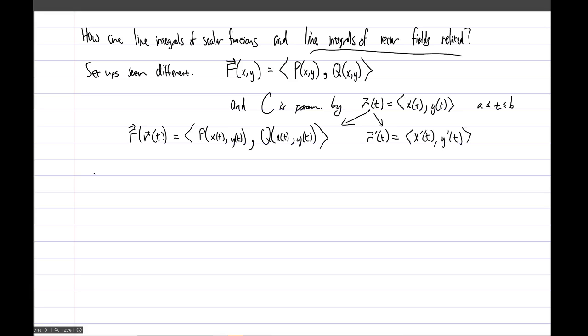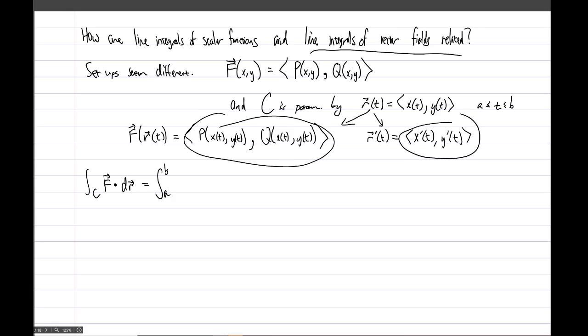So if we were to set up the integral of the vector field over the curve, just the way that we normally would, it would end up looking like this. It'd be the integral with t values going from a to b, and then it should be this vector dotted with that vector. So let's just write that out. It should be, well, the dot product, so meaning this scalar times that scalar.